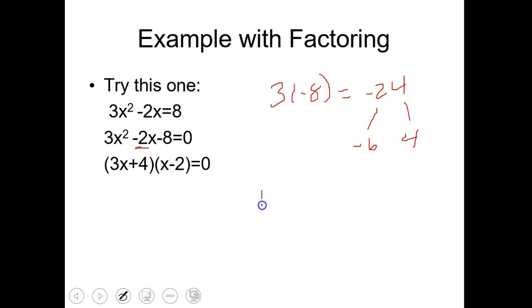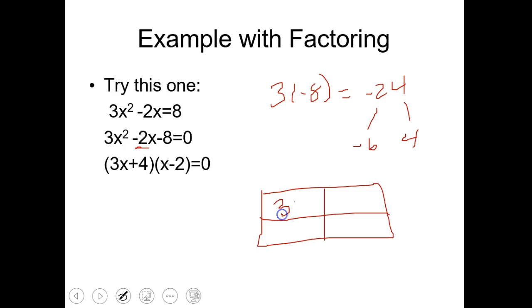And then some of us like to draw boxes and split up our polynomial into boxes. So it's 3x squared. And I'm going to, instead of writing minus 2x in one of the boxes, I'm going to recreate that as negative 6x plus 4x. Because that is equivalent to negative 2x, I'm allowed to do that. And I need a negative 8 there. Now, at the top of each column, I look for a common factor in the column. And here I see I have a common factor of x in this column.